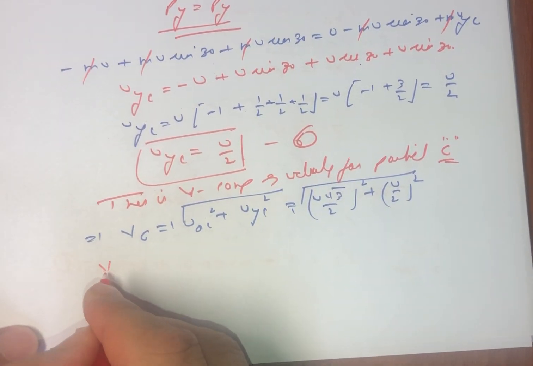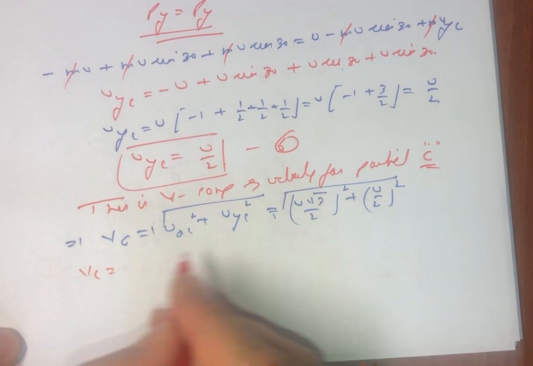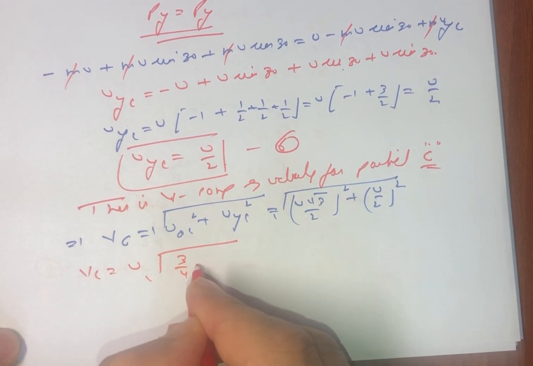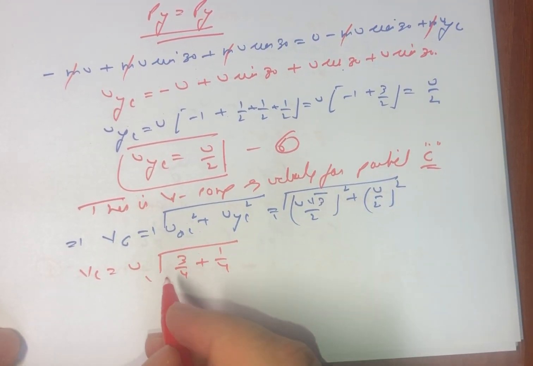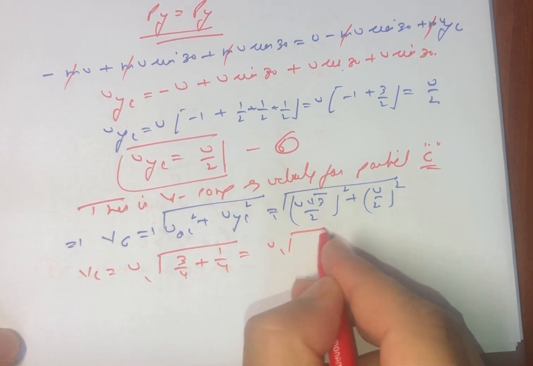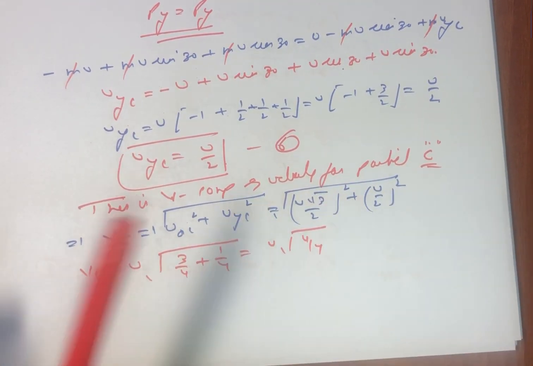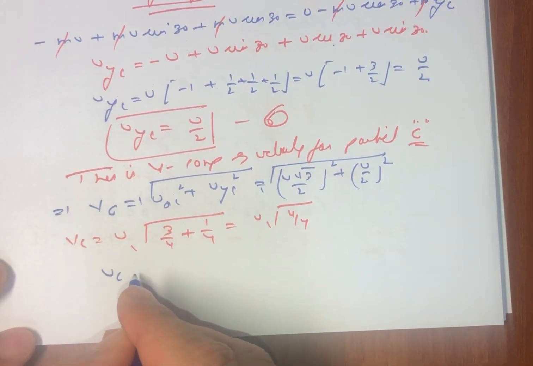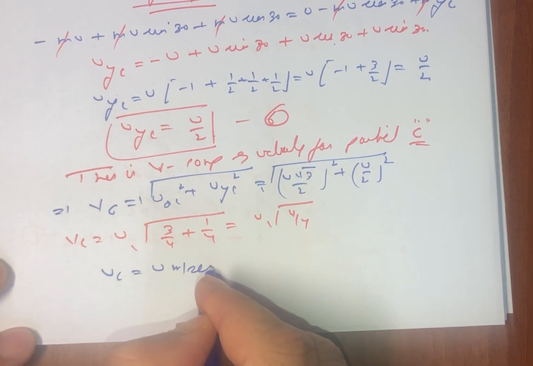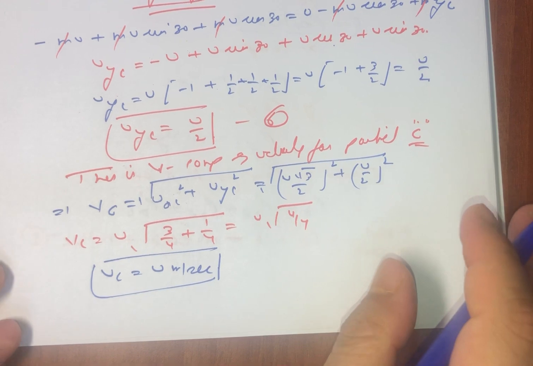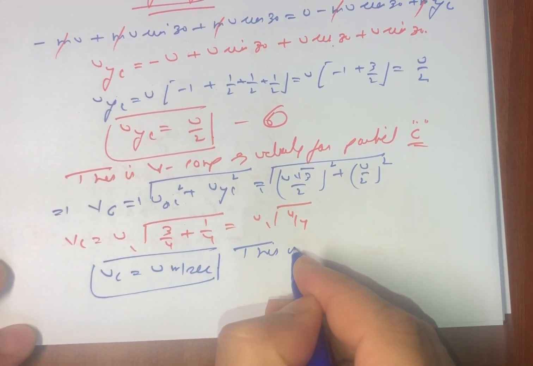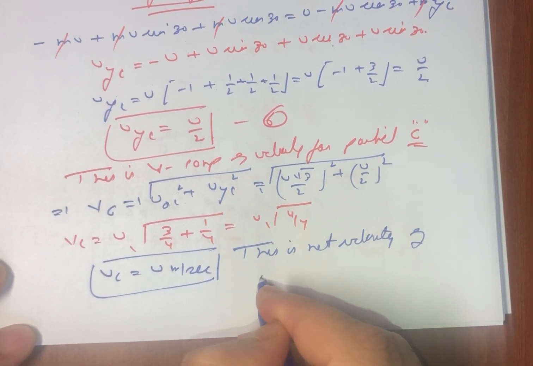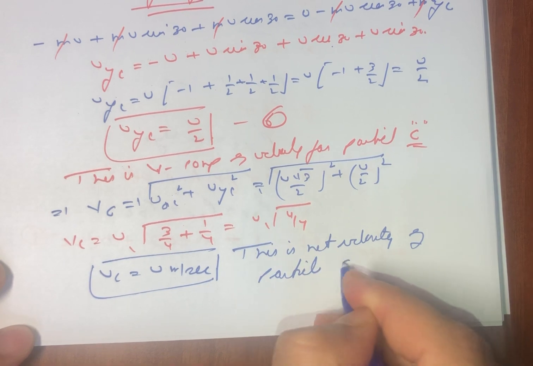We get Vc is equal to, taking v as common, 3 by 4 plus 1 by 4, which is 4 by 4, or we can say our velocity of particle c is equal to v meter per second. So this is the net velocity of particle c.